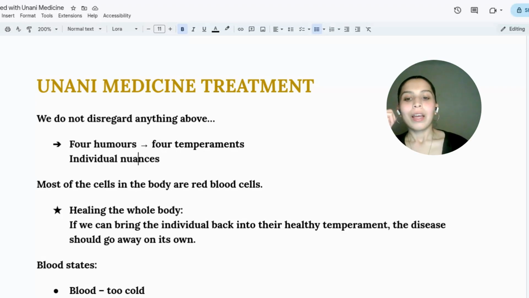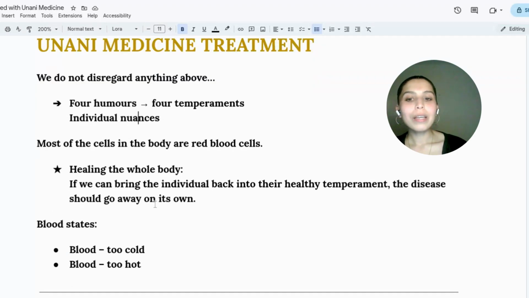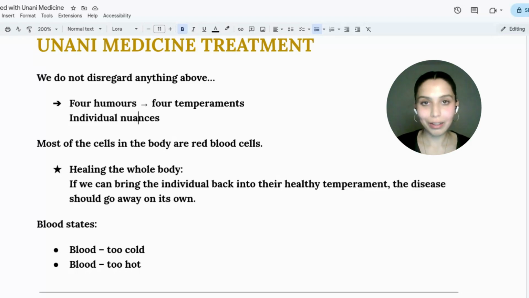Okay, so we all have a natural temperament, so we all fit into one of these four categories. If a naturally hot person becomes cold, for them that's an abnormality, that's a deviation, and because of that they're going to become ill.